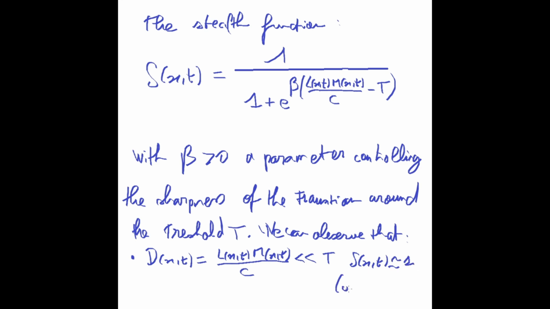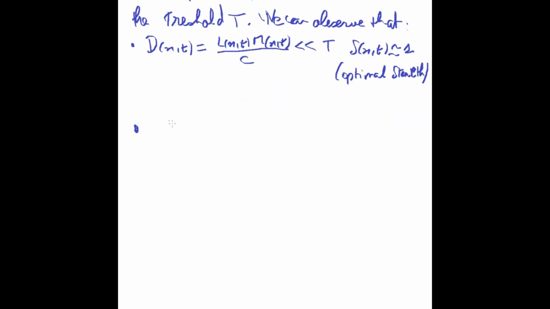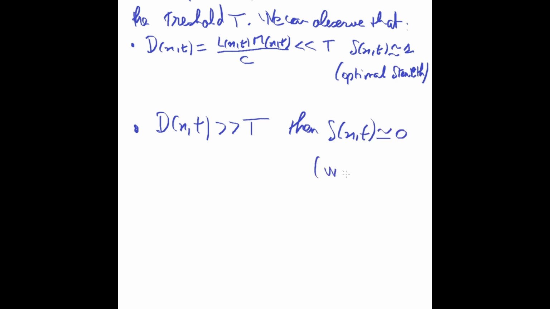So this is the optimal stealth. And if d is way bigger than T, then the stealth function is approximately equal to 0. This means for xenomorphs that they will be easily detected.